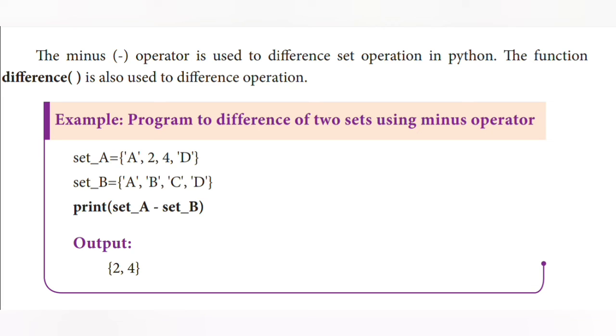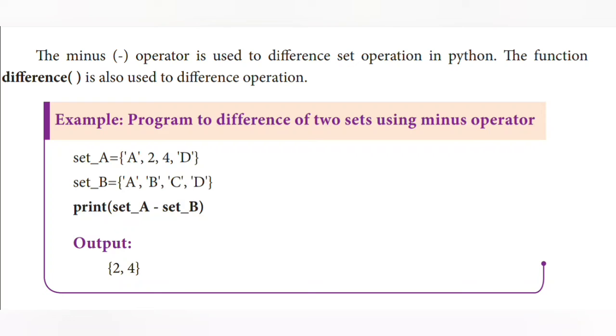Now you can see the program. Set A is equal to A, 2, 4, D, and set B is equal to A, B, C, D. Now we are going to print set A minus set B. That is, if an element is present in the other set, you omit it, otherwise you print it in the output.